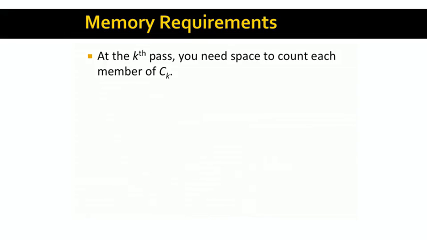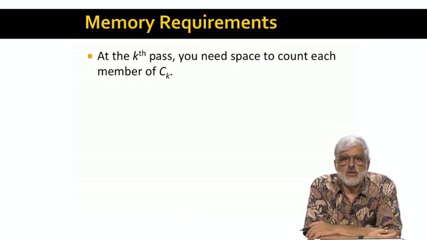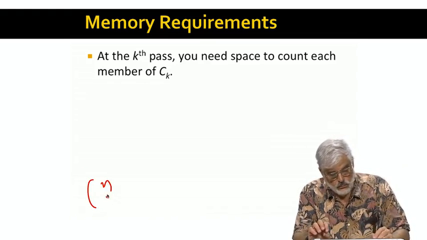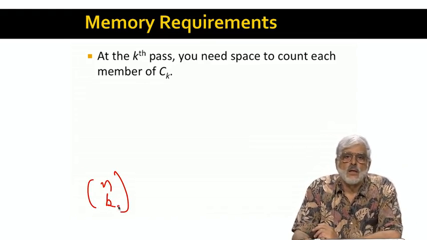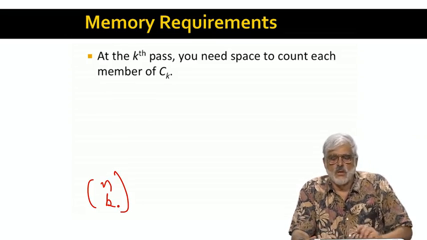The space needed on the kth pass is proportional to the number of sets in CK. In principle, there could be as many as n choose k candidate sets of size k, if there are n items. So the space requirement could grow painfully each time k increased.